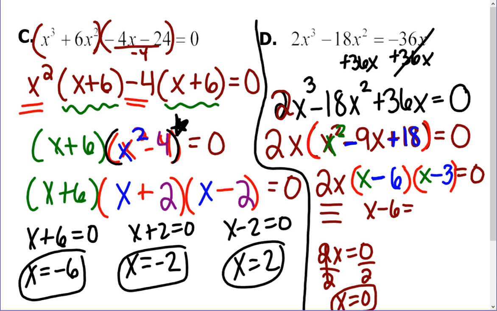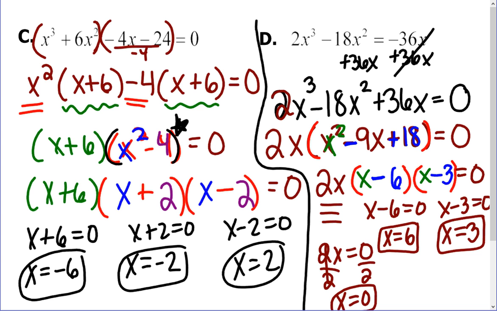X minus 6 equals 0, we'll add 6 to both sides, and we get x equals 6. X minus 3 equals 0, we'll add 3 to both sides, and we get x equals 3. So if you plug in any one of those solutions into your polynomial, you will get a true statement. Those are 3 solutions.